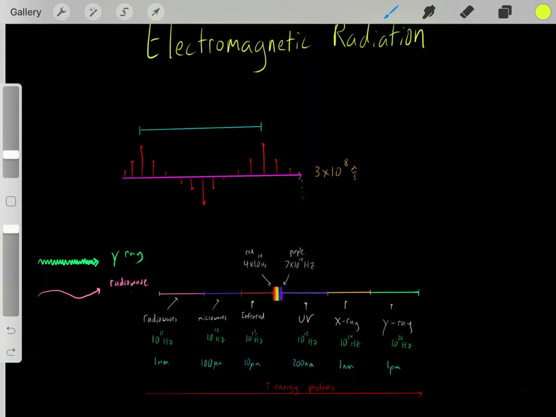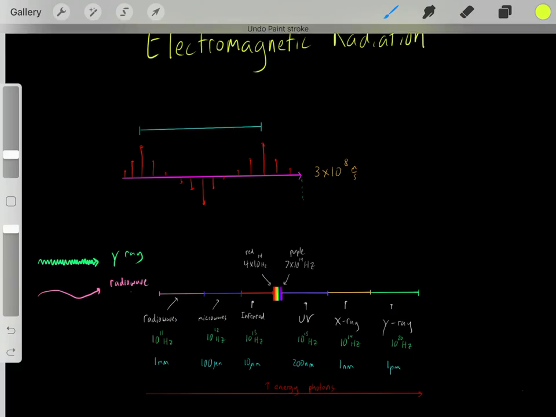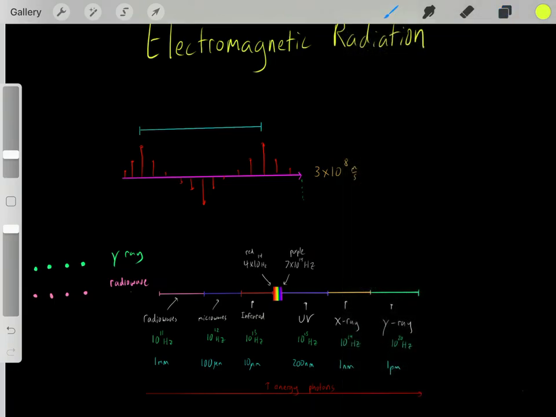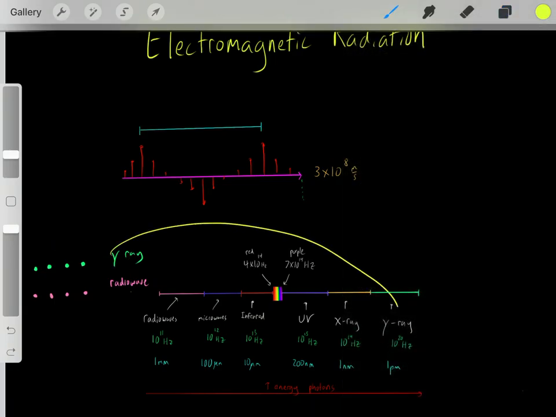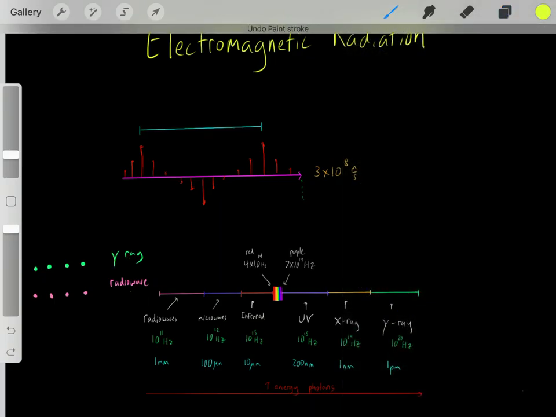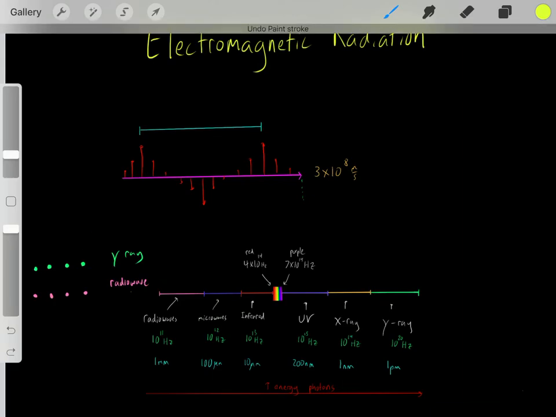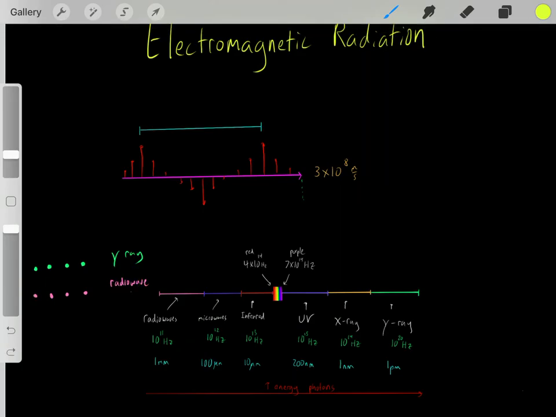So therefore, if it has a higher frequency, that means the photons that make up this gamma ray have more energy. Because again, we can also think of these waves in terms of their photons. So this gamma ray has a very high frequency, and therefore the photons have a lot of energy. They're high energy. However, this radio wave has a very low frequency. So therefore, the lower the frequency, the lower the energy per photon in the electromagnetic radiation.